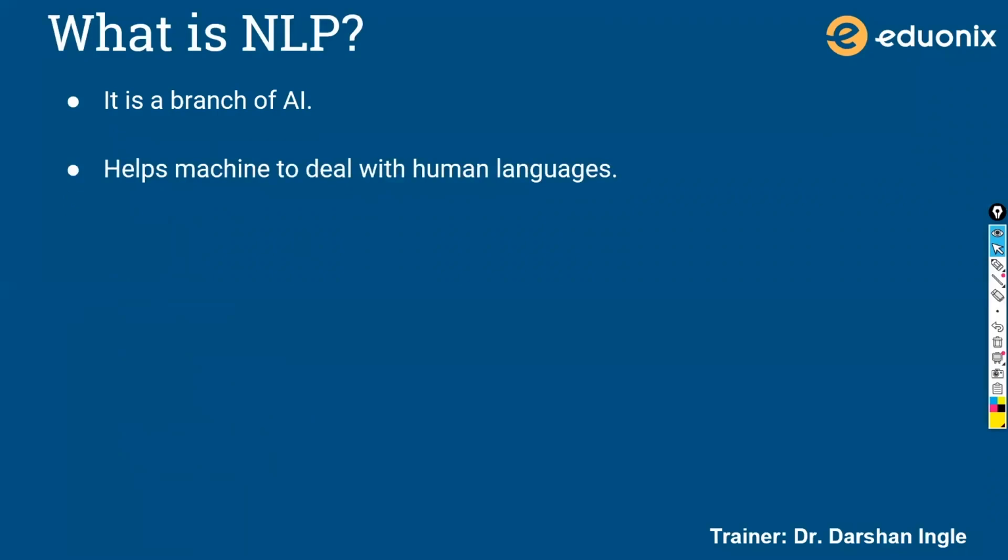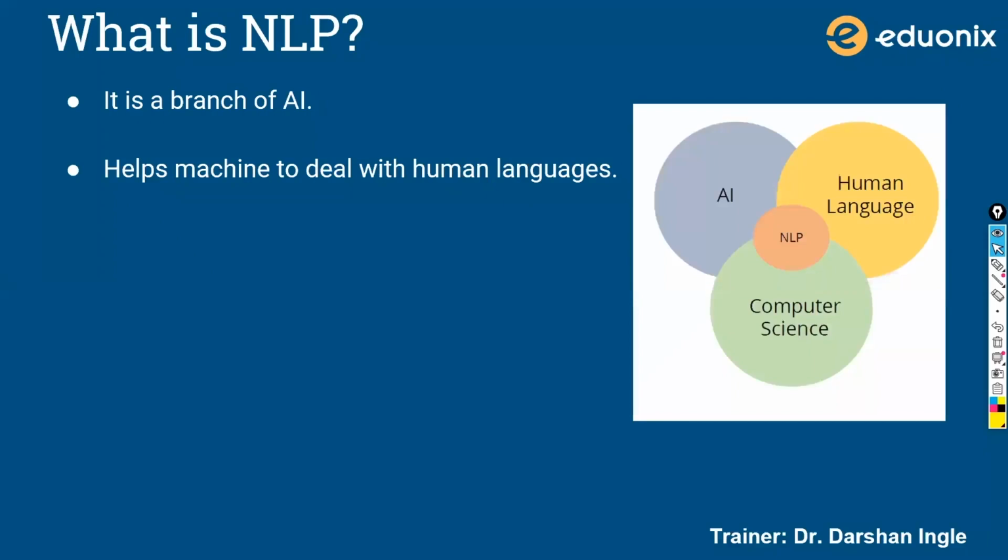And when you want the machine to talk back to you, we say that we require processing for the languages, and that is called natural language. Why natural language? Because the language that we speak is called natural language. It can be any language, English, Hindi, Marathi, or French, etc. So this is how NLP comes over here.